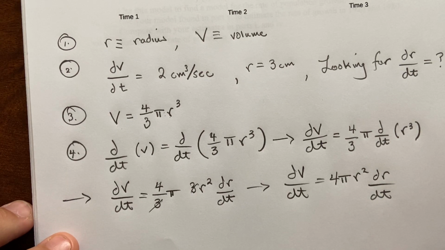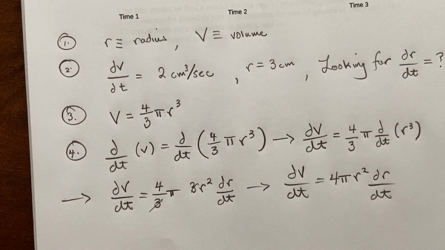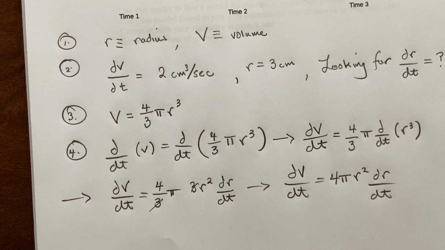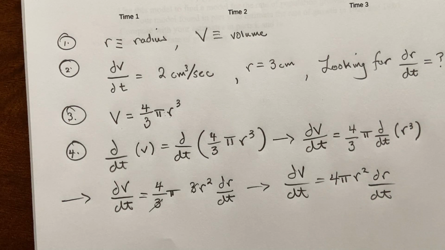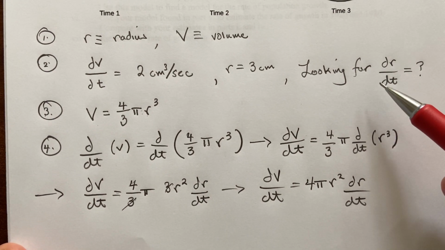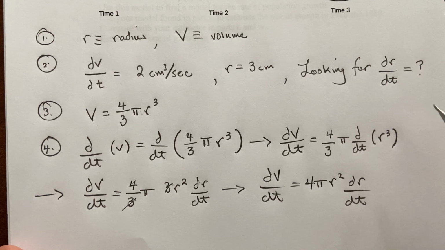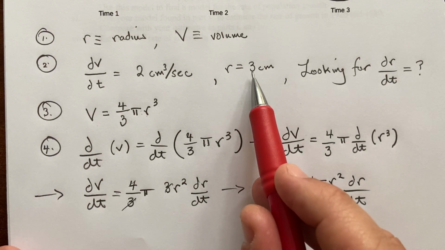So this is step 4, and then step 5 says substitute all known values into the equation from step 4, then solve for the unknown rate of change. Just as we were saying in step 2, we are looking for dr/dt. So this is the thing I'm looking for. I know r is 3.